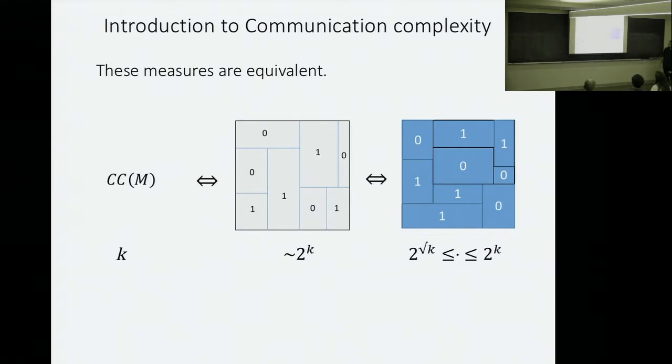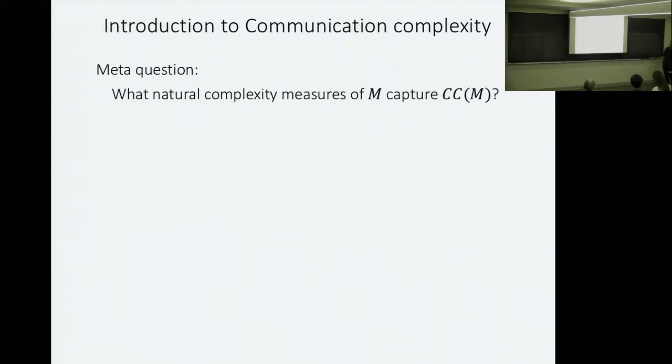And so, well, communication complexity is kind of a strange measure. We don't know how to think about it. And a natural question to ask is whether there is a natural measure of a matrix that would capture communication complexity.